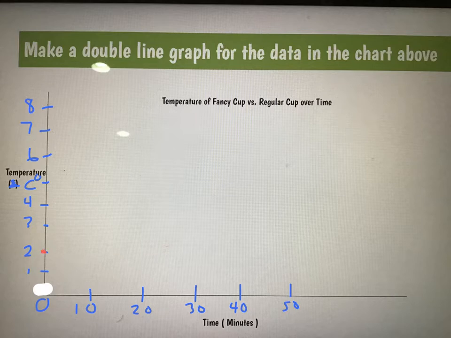Then let's say at 10 minutes, the temperature went up to 3 degrees Celsius. So I'd go over to 10, and then I would go up to 3. So I'm going to put my data point in there.